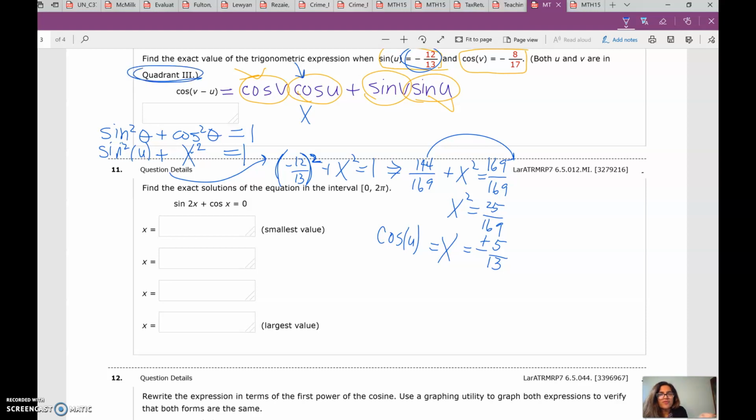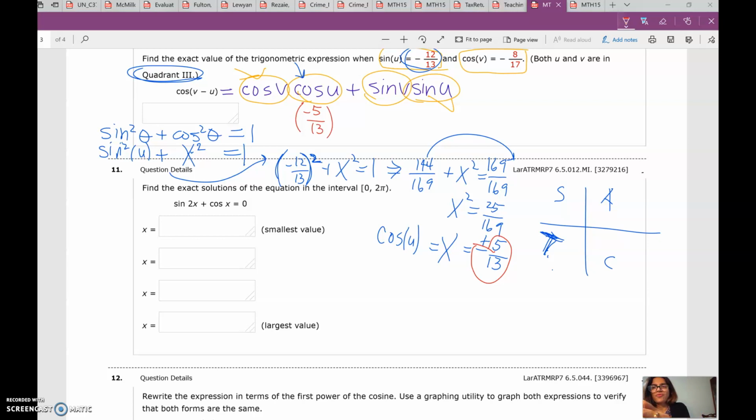Well, both angles are in quadrant 3. All students take calculus. In quadrant 3, cosine is negative. So that means we're going to want negative 5 over 13. So in place of x, we'll put in negative 5 over 13.